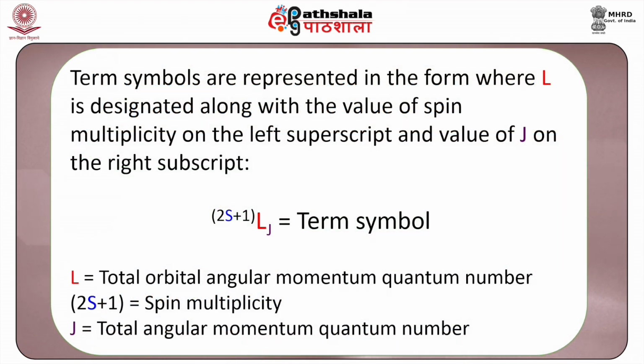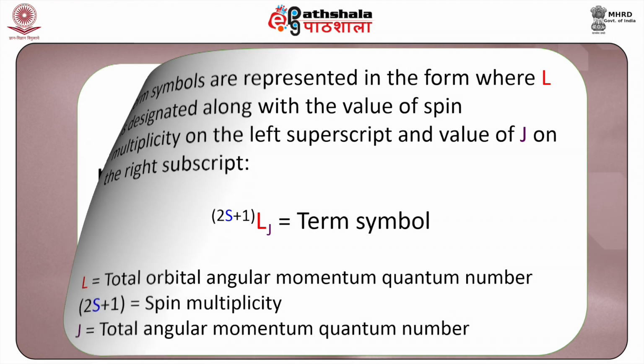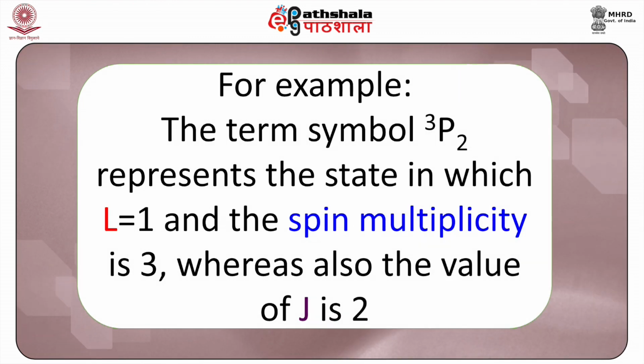Term symbols are represented in the form where capital L is designated along with the value of spin multiplicity on the left superscript and the value of J on the right subscript. For example, the term symbol triplet P2 represents the state in which capital L is equal to 1 corresponding to P, the spin multiplicity is equal to 3, and the value of J is 2.